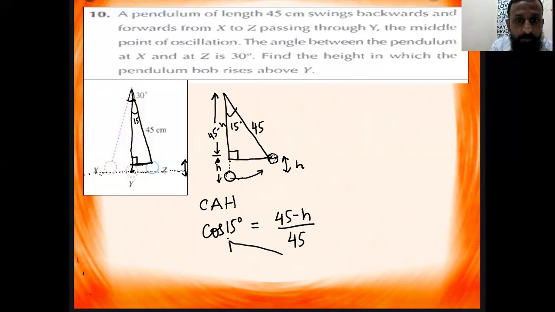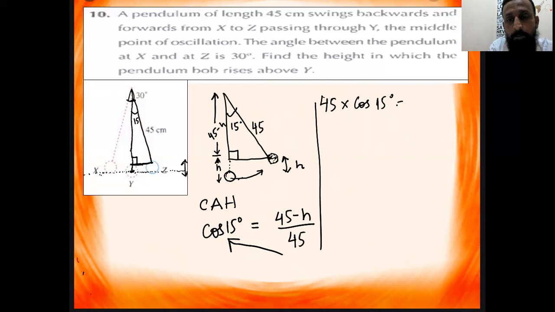Cross multiply 45 over there, boys and girls. So you have 45 multiplied by cos 15 degrees is equal to 45 minus h.